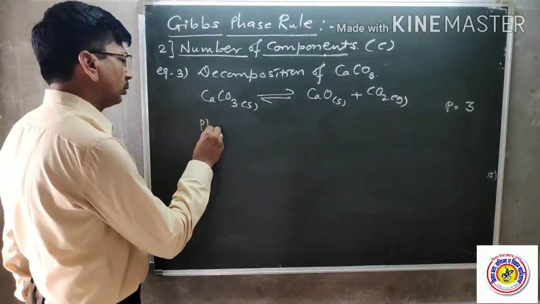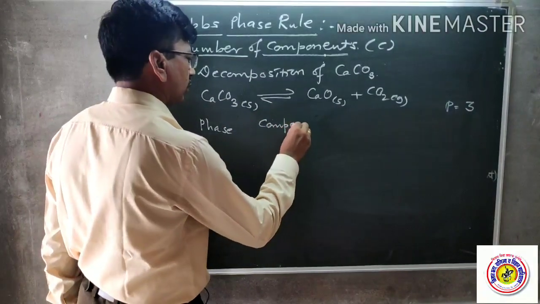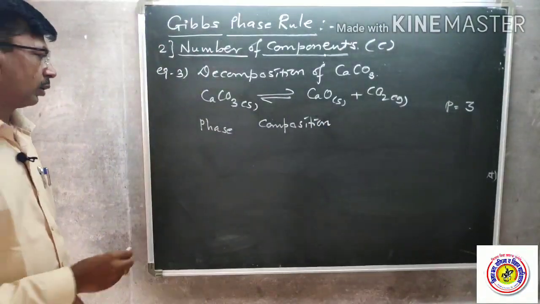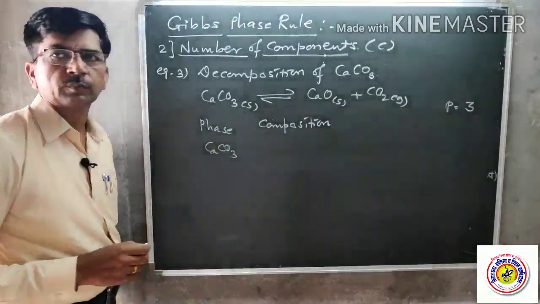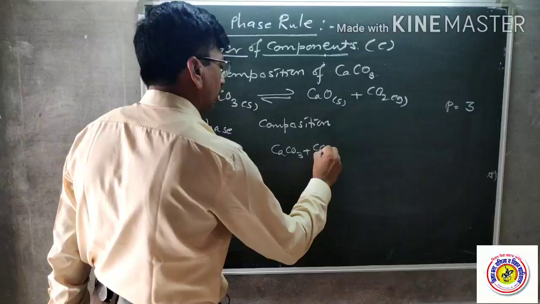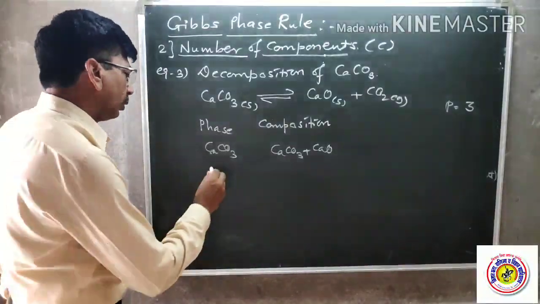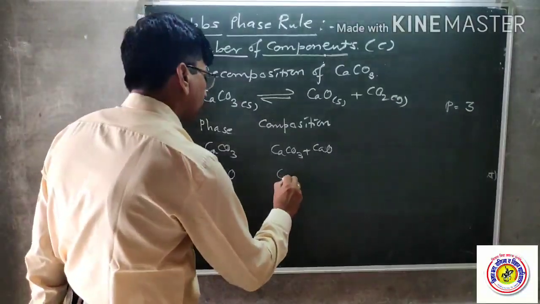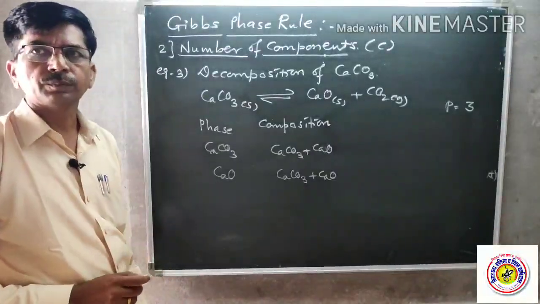Now how is it? For the purpose, let us see each phase and its composition. When we have CaCO3, it needs CaCO3. When we have CaO, it needs CaCO3 and calcium oxide.